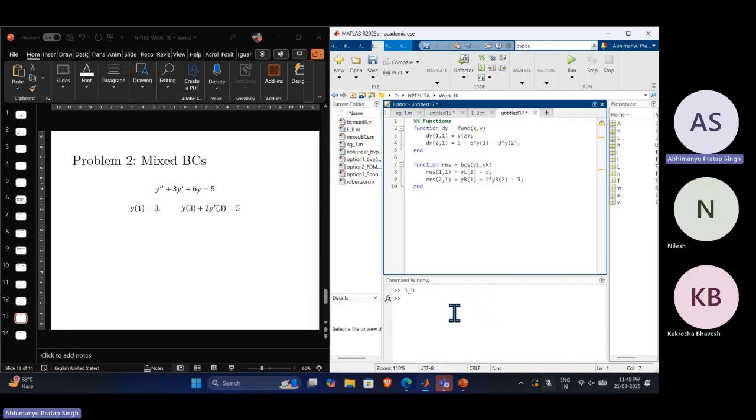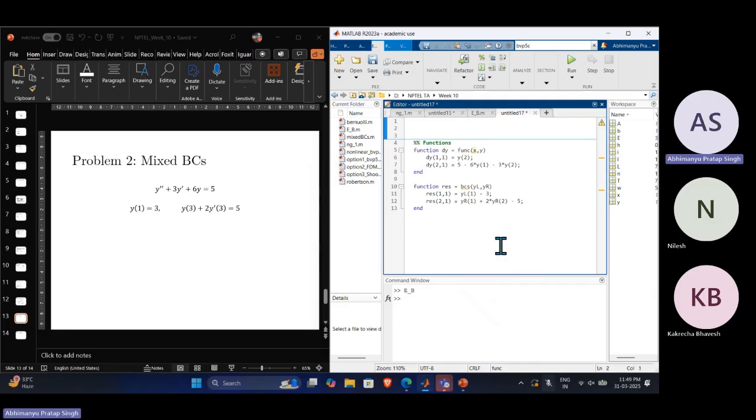Now we need the mesh, the 1D mesh. So let us create that. Yeah, linspace.